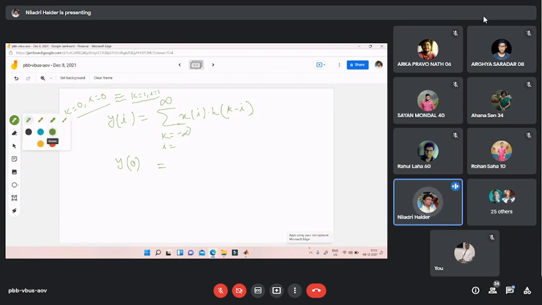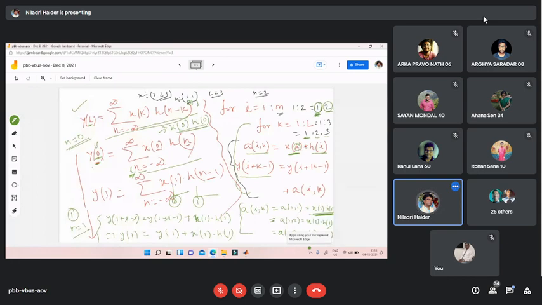Did you understand why I did this? Because in the code, whatever we have written, we have considered I equal to 1 to m, and for k equal to 1 to l.